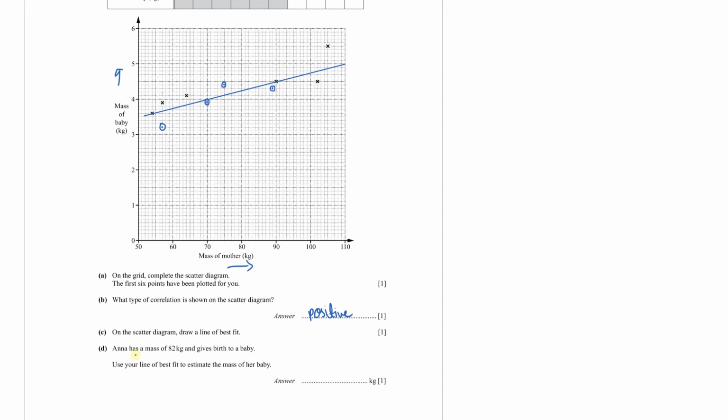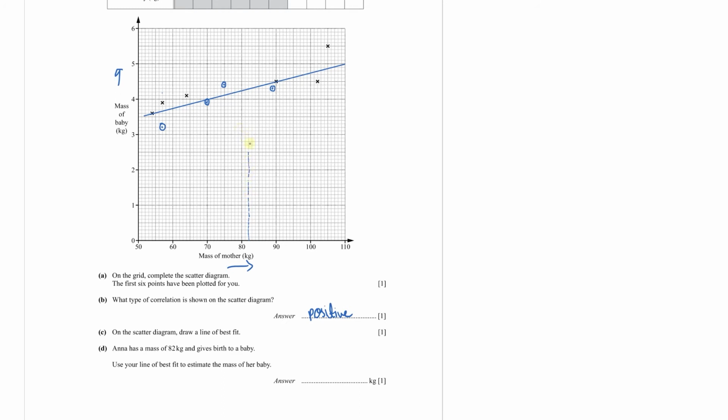Part D: Anna has a mass of 82 kg and gives birth to a baby. Use your line of best fit to estimate the mass of the baby. So the mother's mass is 82 kg, which is this line here, 82. We have to see where this intersects our line of best fit.